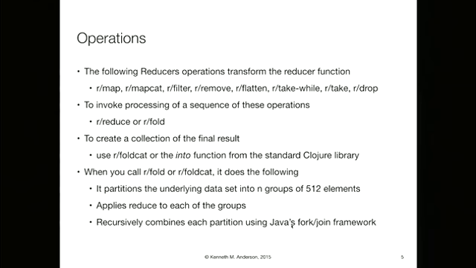So it tries to parallelize work as much as possible, and if some task in between gets blocked, it pulls that off and lets other tasks go, and then can put it back on when that task is ready to go. The fork join framework is actually the best performing thread pool in the Java framework. And so Clojure is using that under the scenes for you automatically. All you do is write your Lisp code, and that stuff gets invoked automatically for you underneath.